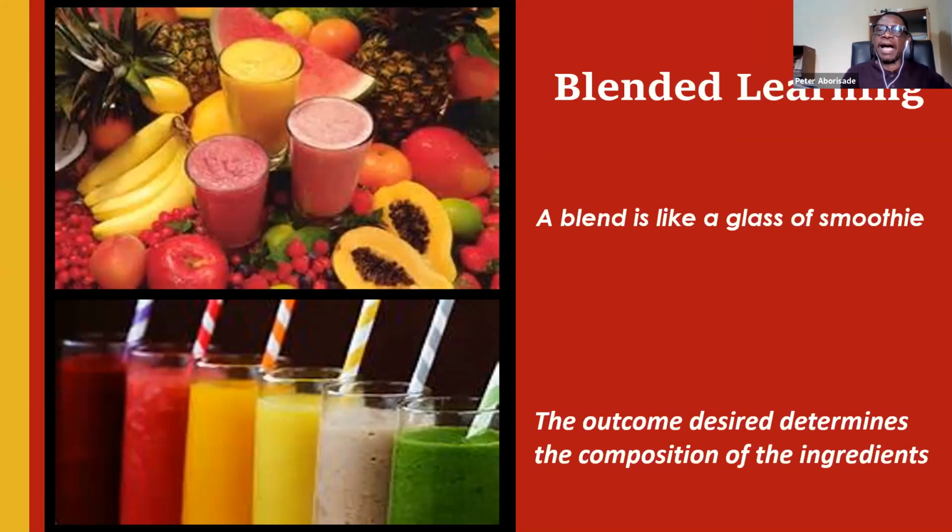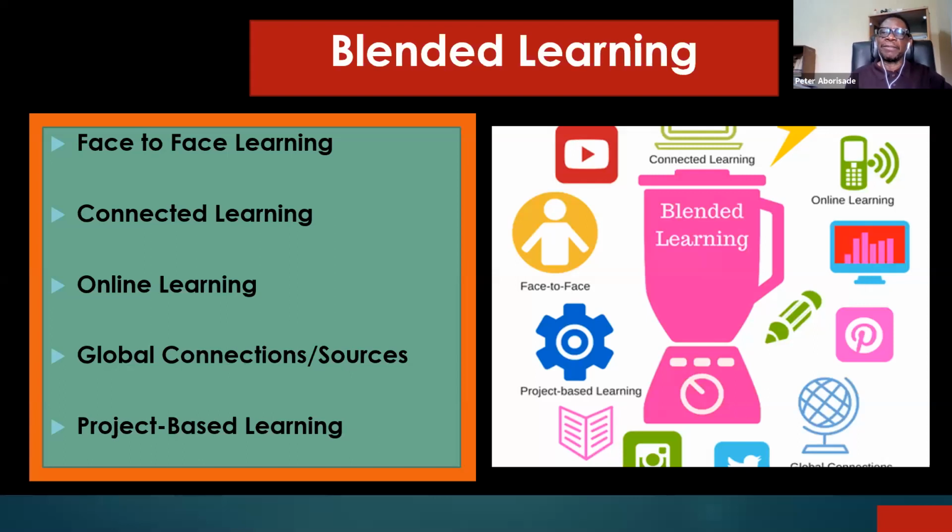The ingredients are in the top picture. What would you like to mix together, to blend together, to get your blended learning? These are some of the things of blended learning.